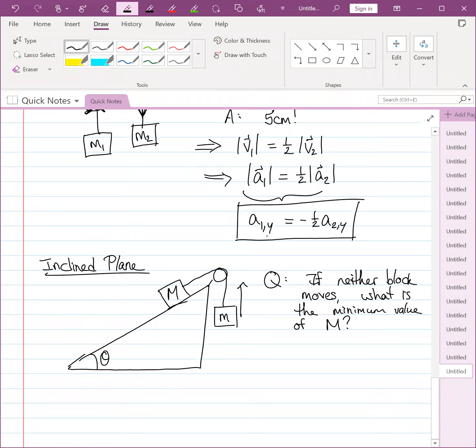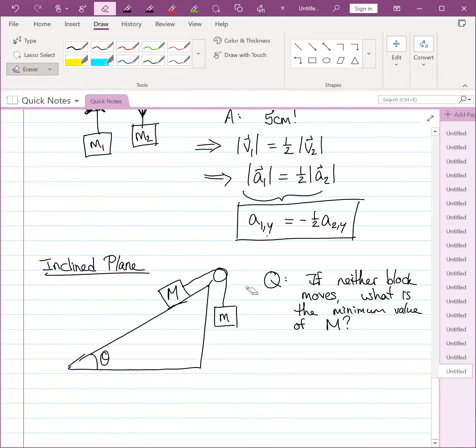So assuming that there's no friction, there is only one value of capital M where everything's stationary. But now assume that there is friction. Well, that means that it takes a little bit of extra force to get it moving in either direction. And so if the block starts moving up, that would mean that the mass of capital M is large, and that means that it's overcome the frictional force to start sliding down.